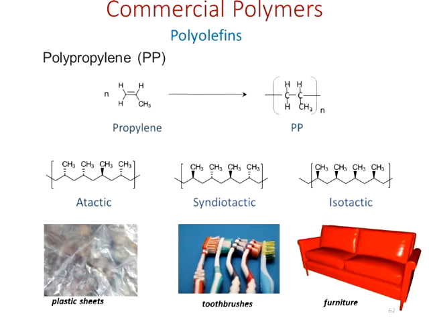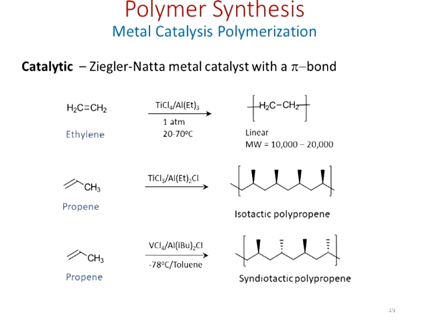Isotactic is also made using a Ziegler-Natta catalyst, but it tends to be titanium with an aluminum, and as you now know, Ziegler-Natta catalysts also use solvents, water or alcohols to help activate the catalyst complex.